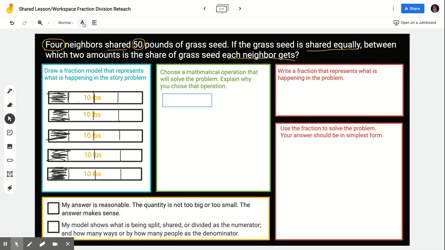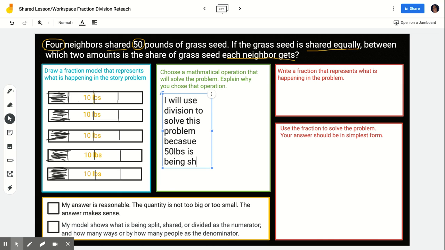Now I'm writing in black. Okay, I will use division to solve this problem because 50 pounds is being shared 4 ways.